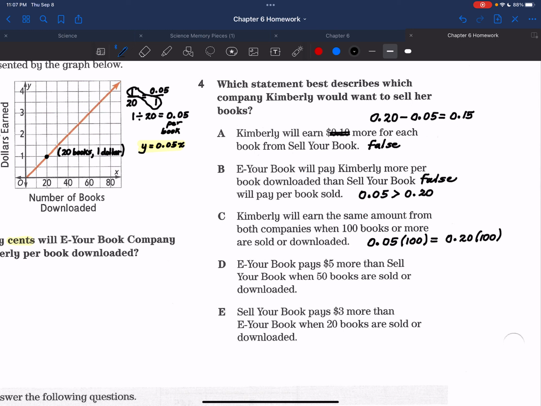Now, you can already tell me that that is not true, but let's prove it mathematically. 100 times a nickel is $5, and 20 cents times 100 is $20. Are those the same amount? No. So this is a false statement.